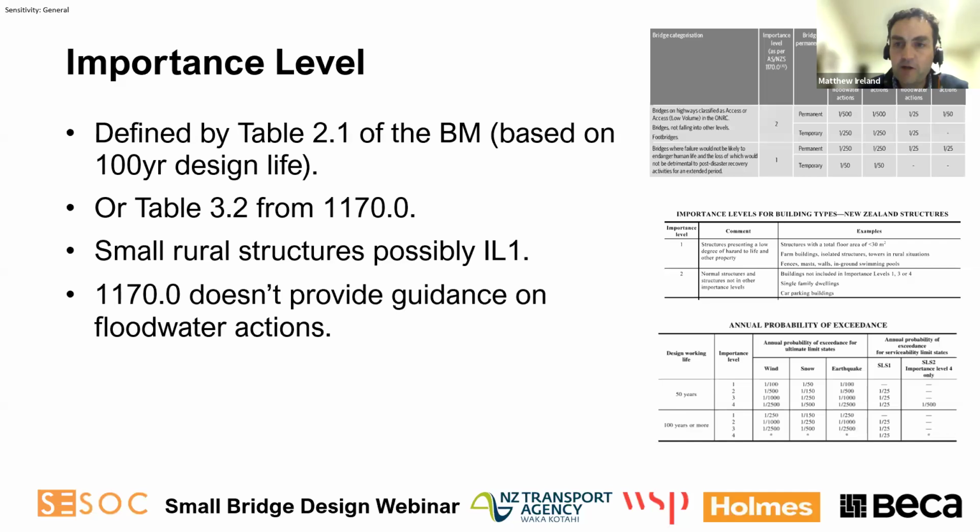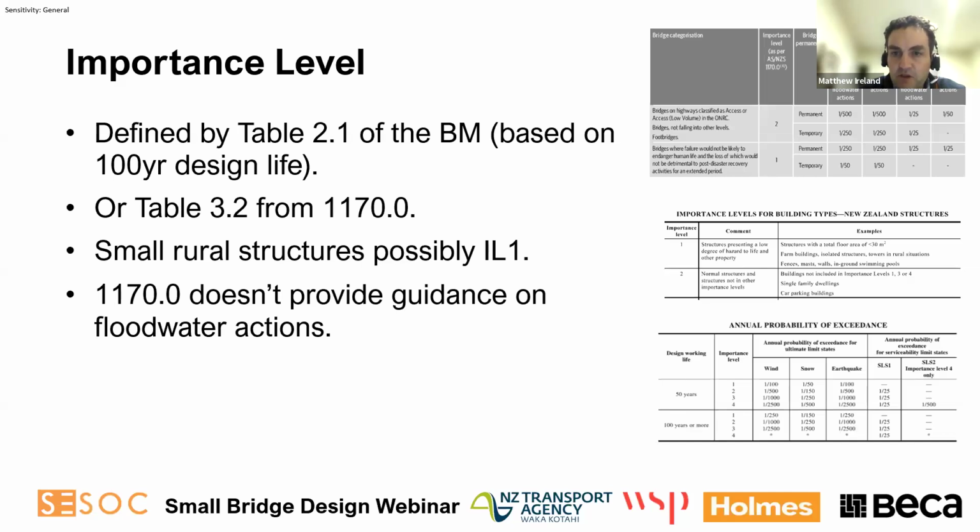A few revisions ago in the bridge manual, they actually pegged back the annual probability of exceedances for the environmental effects, so wind, snow, floodwater actions and seismic, to be equivalent to that of a 50-year design life. There's one exception there, which is really the IL or importance level 1 structures.